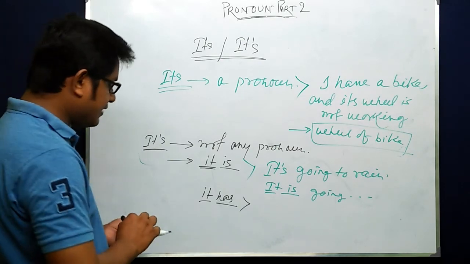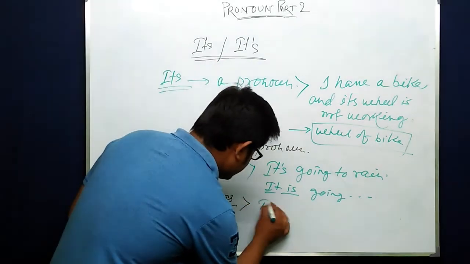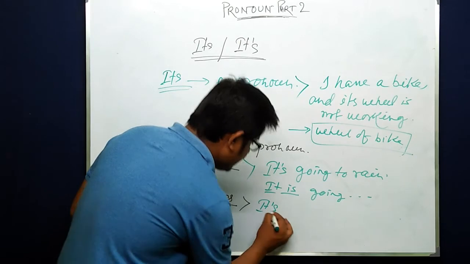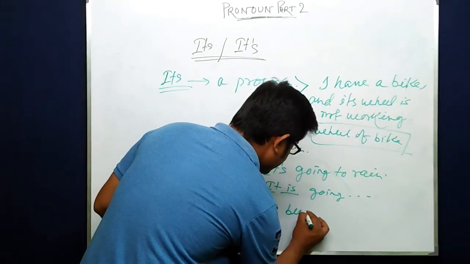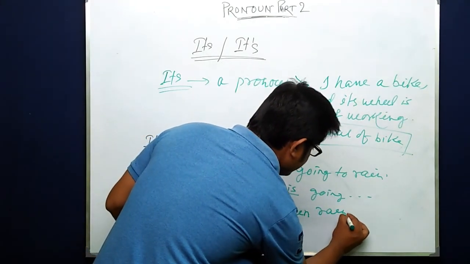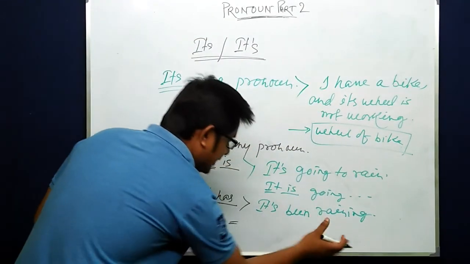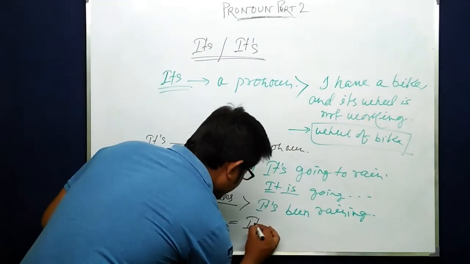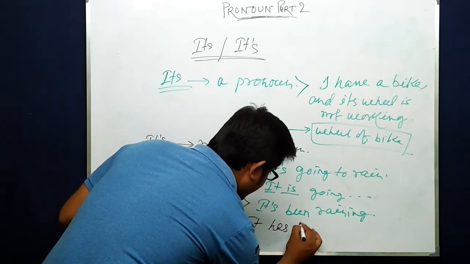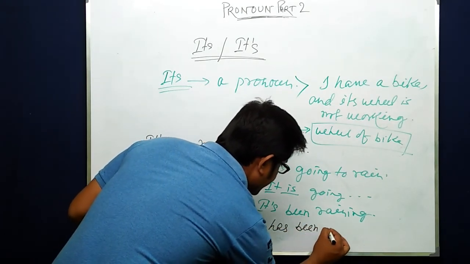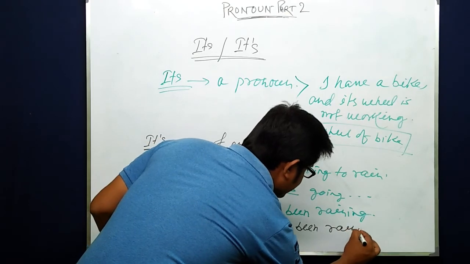How? Let me give you one sentence. If you say it's been raining, the sentence means it has been raining.